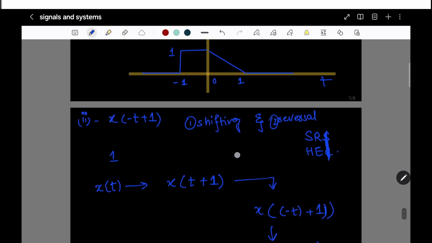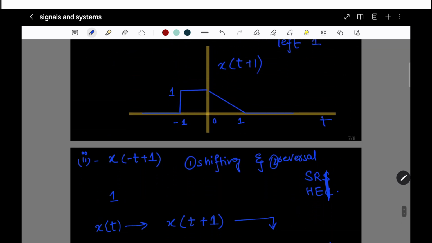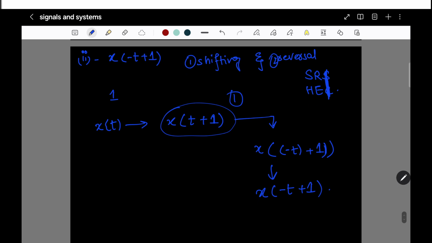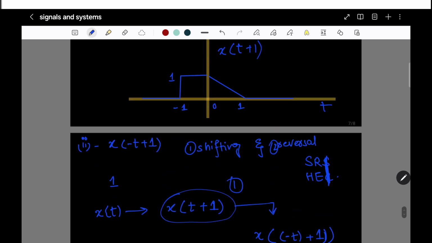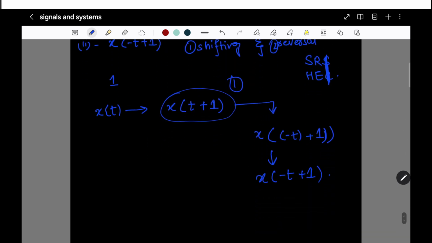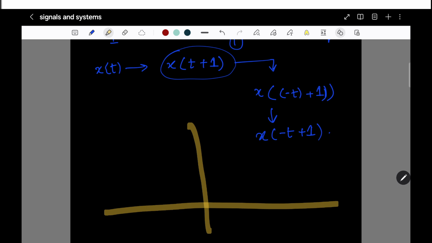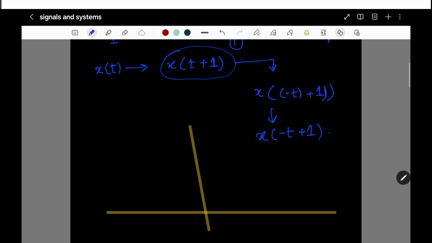So if you shift by plus 1, this is the first part that we have already done. So we have this signal here. So what we have to do, we have to flip this signal, and if we flip this signal, then it is simply this signal.